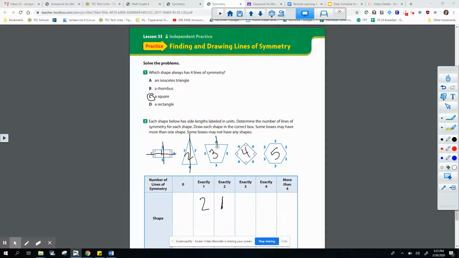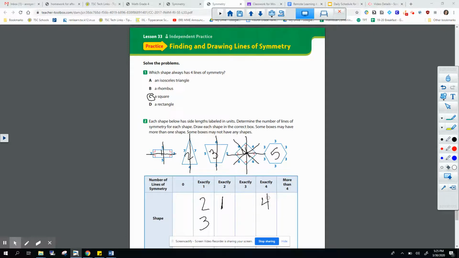I can divide it vertically, but not horizontally because these 2 sides are different lengths. So that has 1 line of symmetry as well. And then the square, I know, has 4 equal sides, so that means that I can divide it 4 different ways. So that has exactly 4 lines of symmetry.